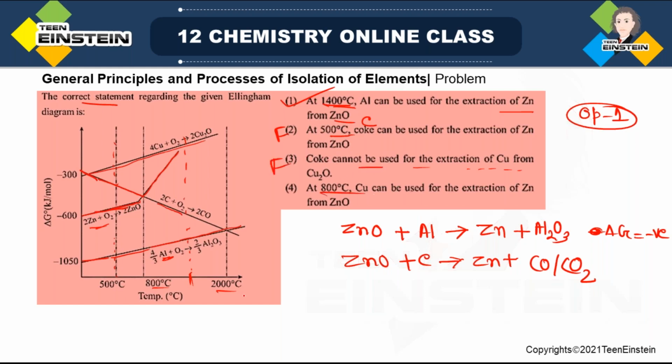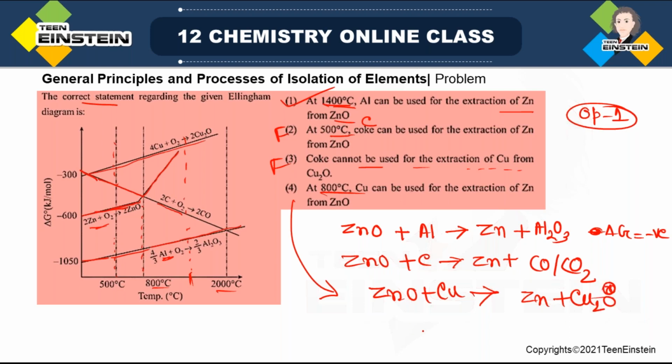Last statement, 800 degrees centigrade, that is this temperature. Copper can be used for the extraction of zinc. That means it is saying you can use copper as a reducing agent for the reduction of ZnO to Zn and Cu to Cu2O.